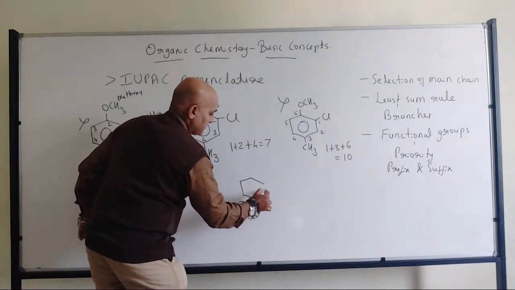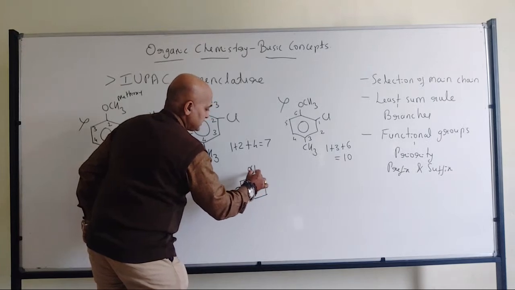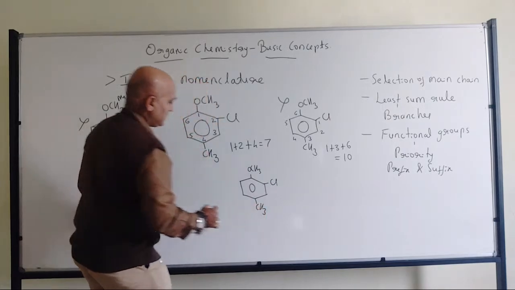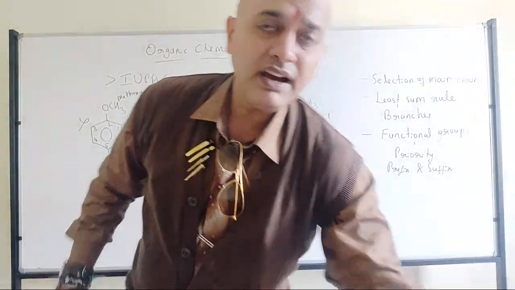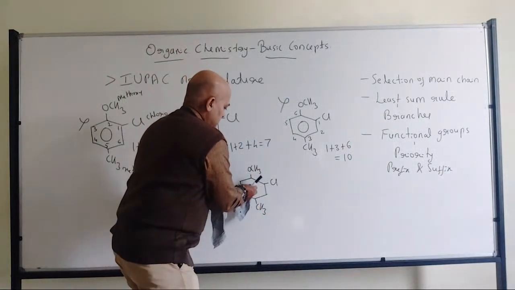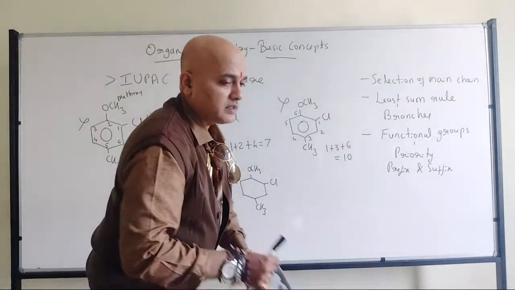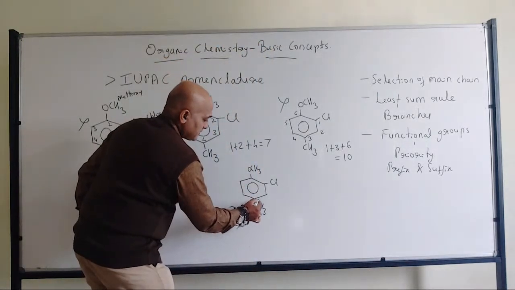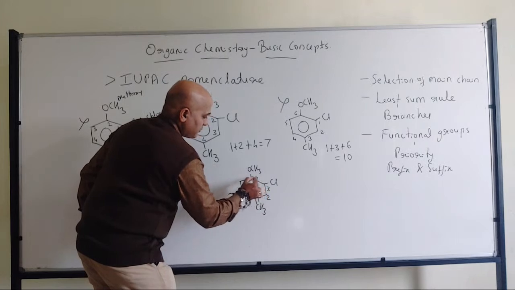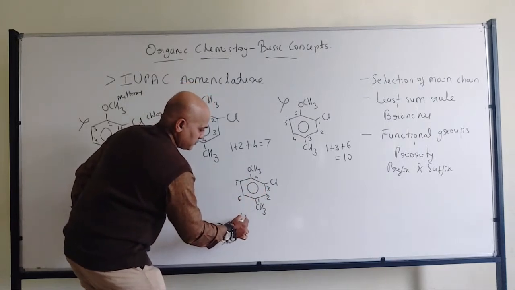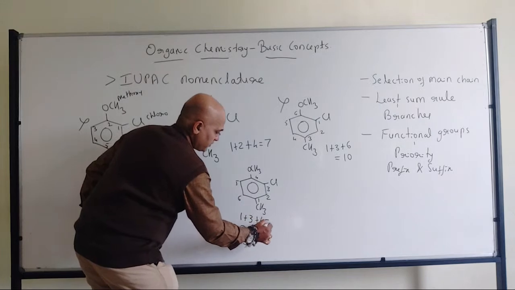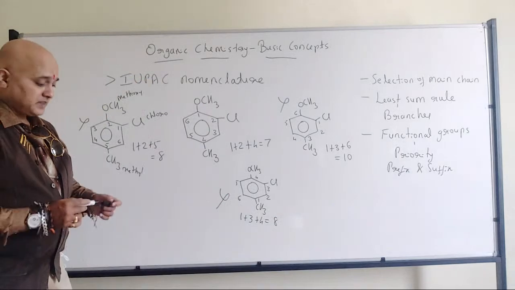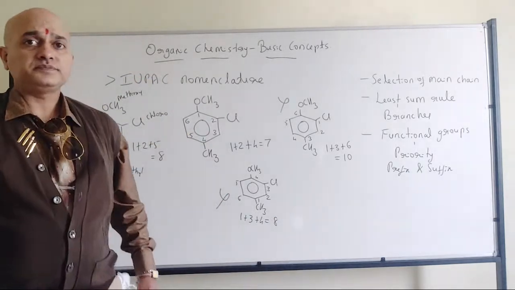For example, OCH3, Cl, CH3, numbering 1, 2, 3, 4, 5, 6. So 1 plus 3 plus 4 will be 8. Wrong. So this is the only option.